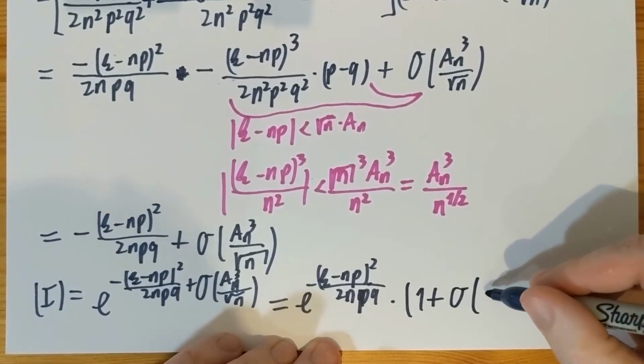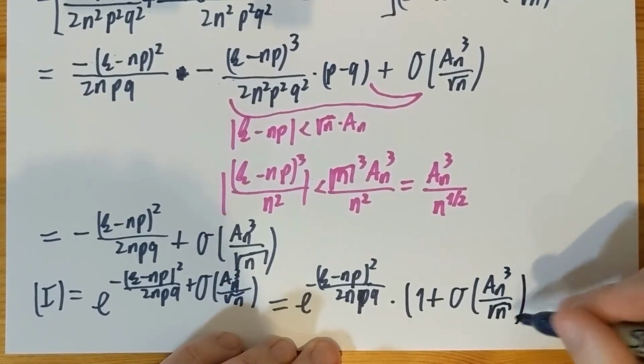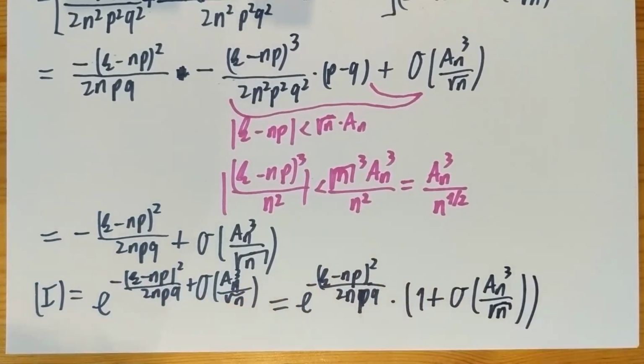So this is 1 plus error, an cube over root n. The exponential function, you could bound the exponential function by 1 plus twice this for small an cube over root n, which is indeed small. So that's the error term we have there. So number 1 is evaluated as exponential of this stuff times 1 plus big O of an cube over root n. So the next video is about number 2.